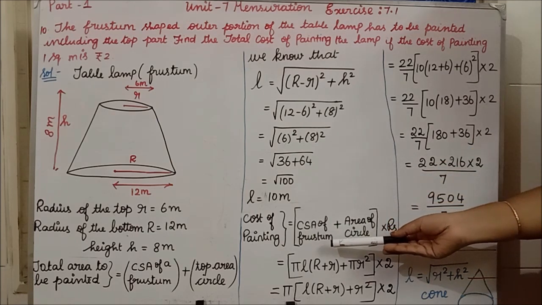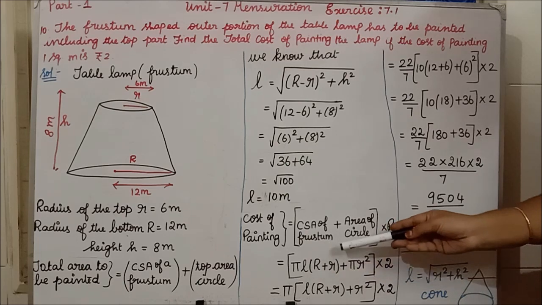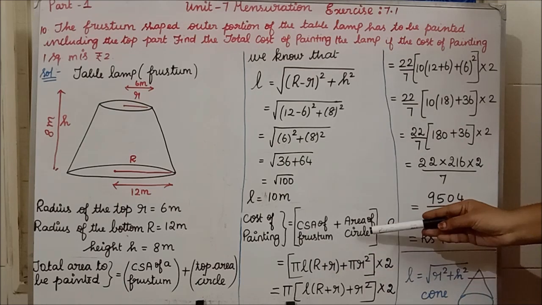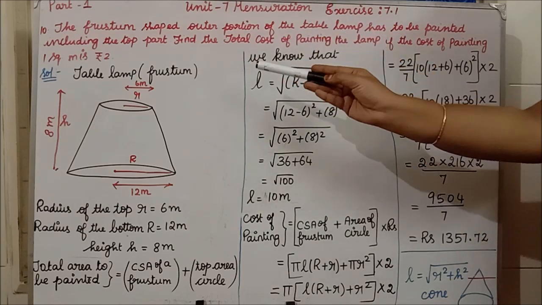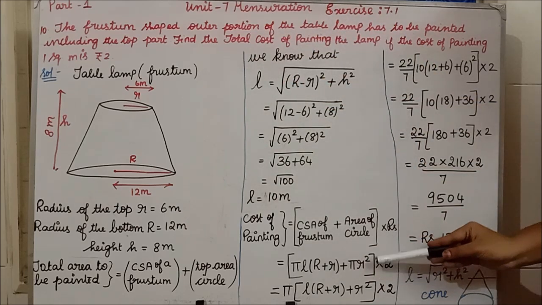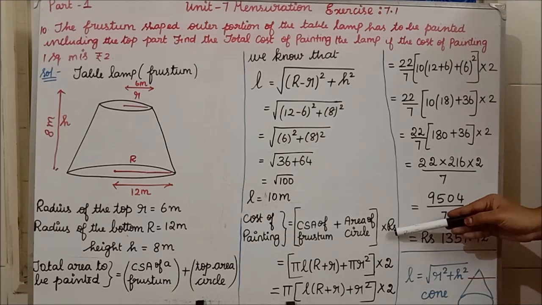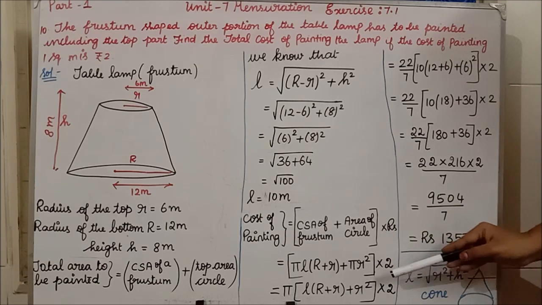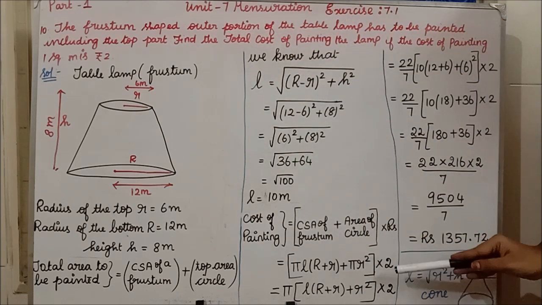CSA of the frustum is pi L into capital R plus small r, plus the area of the circle, the top portion, pi small r square. Rupees per meter is 2, so I have multiplied by 2, as given in the question.